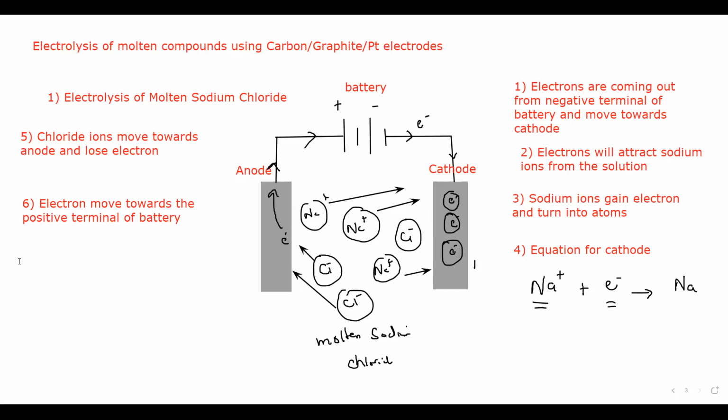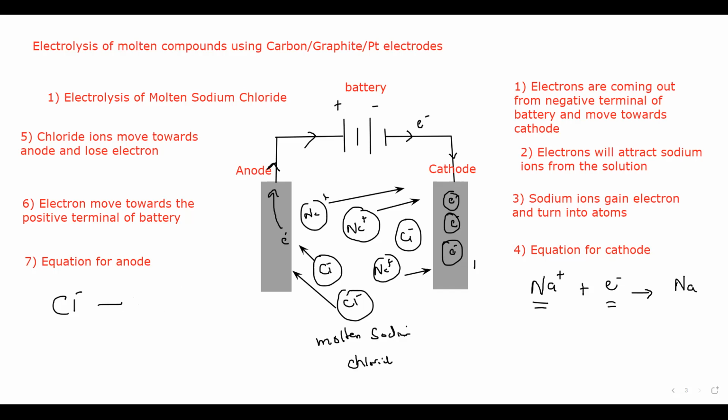And what is the equation for the anode? What change occurs at the anode? The chloride ion turns into a chlorine atom by the loss of electron.